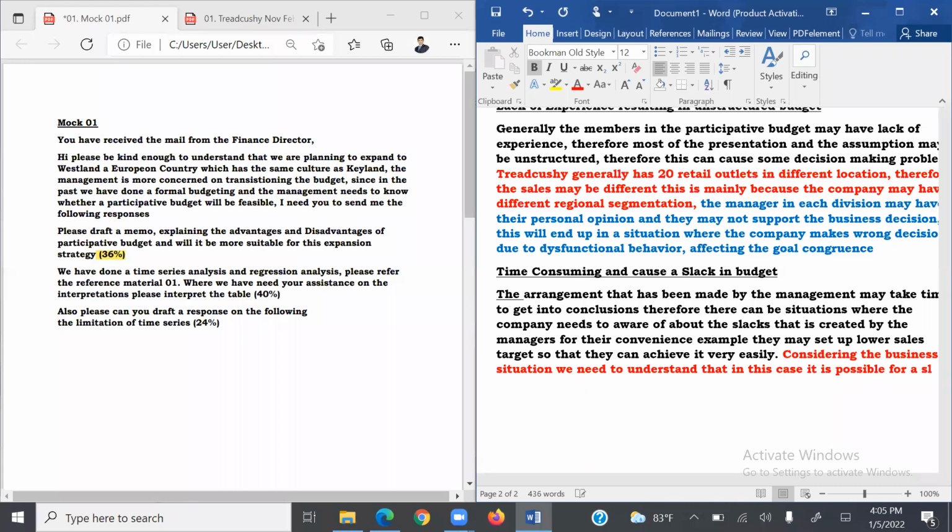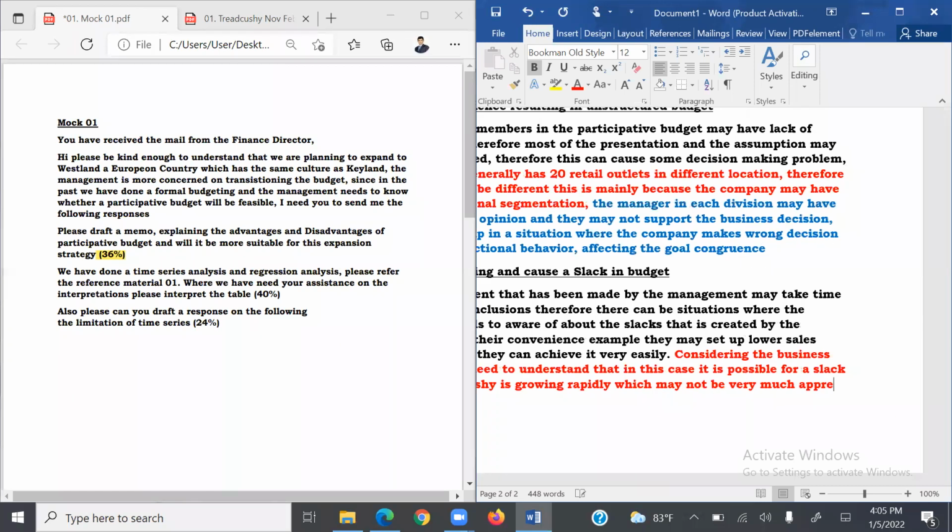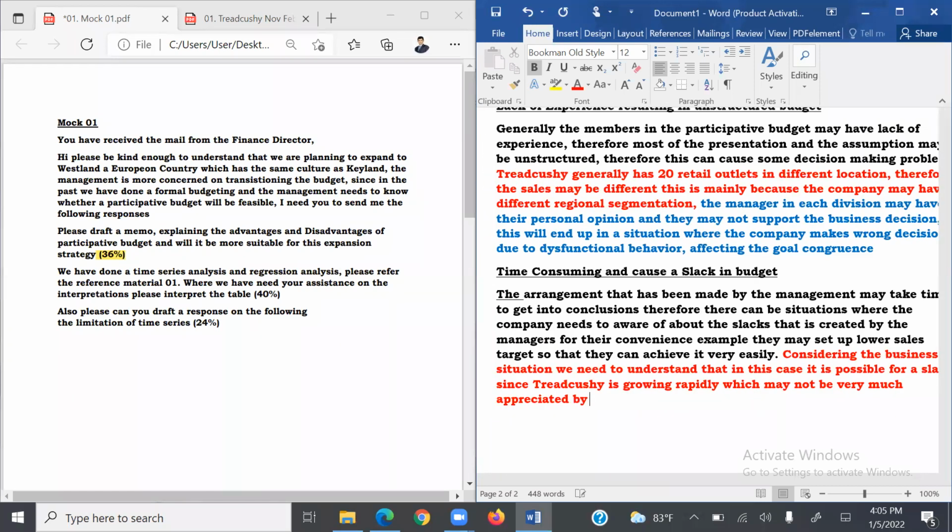Since Cushy is growing rapidly, because there is a high level of rapid growth, which may not be welcomed by some managers, but is very much appreciated by some managers, because they need to work, right, students? Get that understanding very clearly there, students.